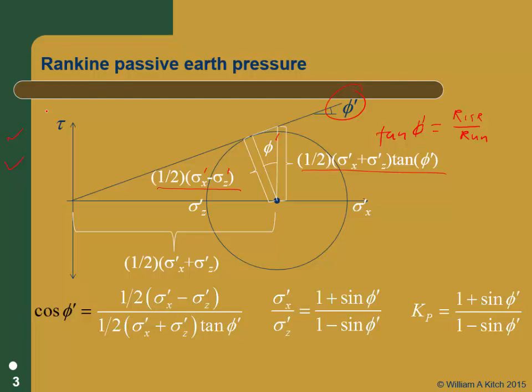Now we had a lot of assumptions in here. So this is for c equal to 0. Phi's constant.